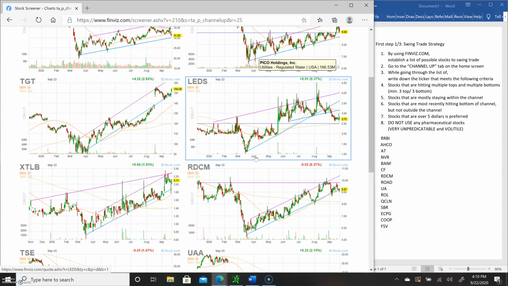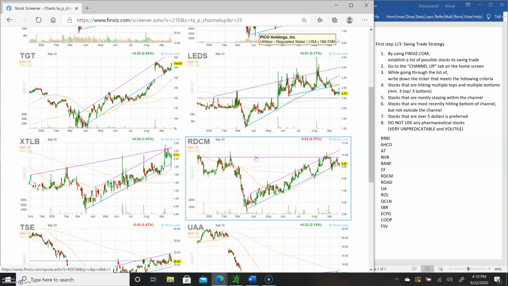Okay, continuing. RDCM, multiple bottoms, multiple tops, very vertical line trending up, and we're currently at the bottom of our trend. So add that to the list, RDCM.